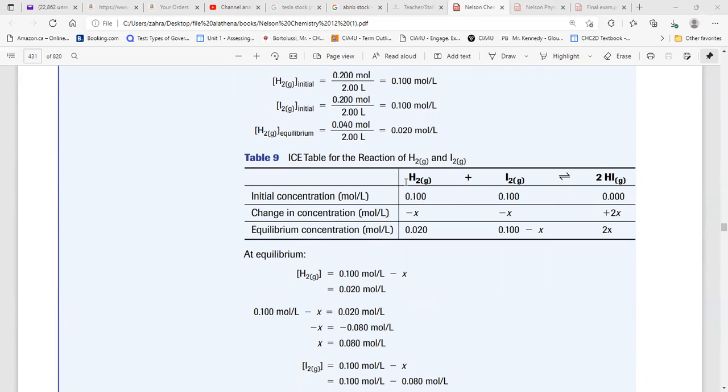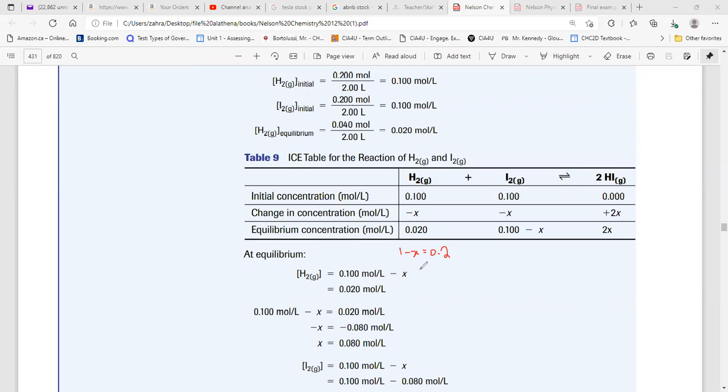The change is going to be, because the coefficient here is 1 and 1 here, negative x, negative x. The coefficient is 2, so it's going to be plus 2x. So 0.1 minus x here, and here 0.1 minus x, and here plus 2x. Since here is 0.1 minus x, for equilibrium we have the given value, right?